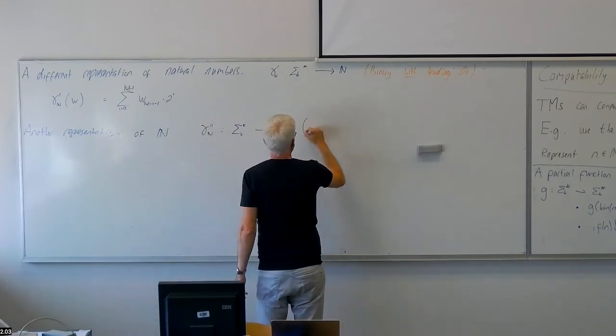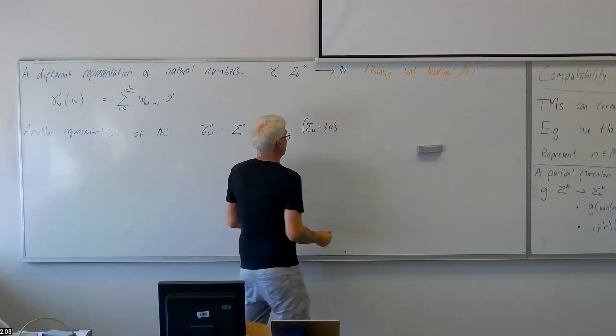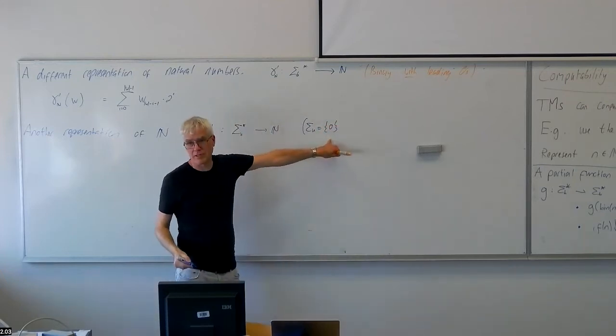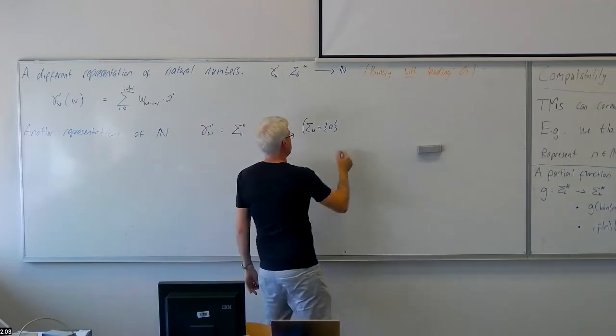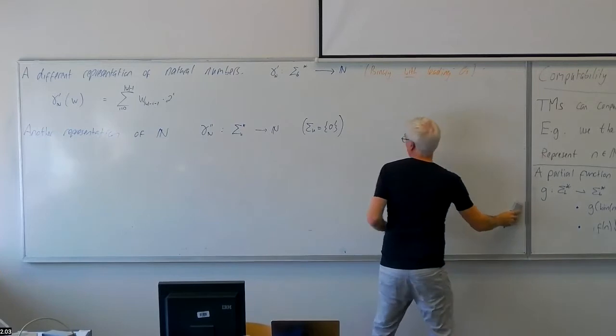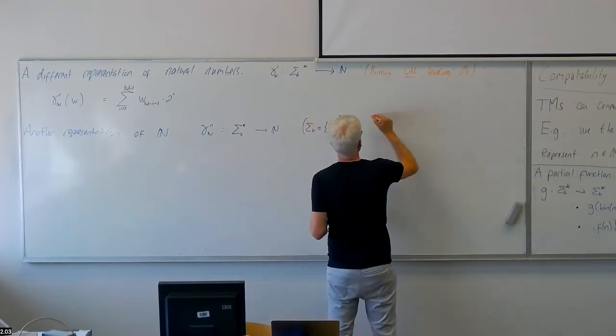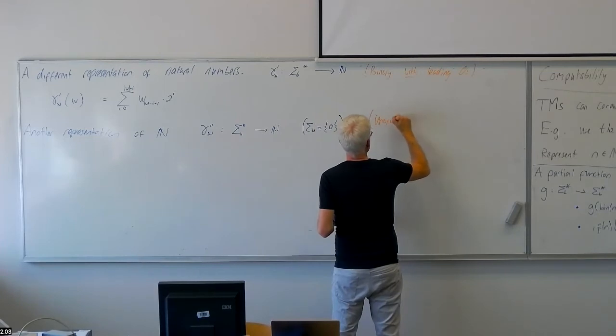So here, the unary alphabet is defined to be, well, an alphabet with just one character in it. Let's call it 0. It doesn't matter what we call it. You might find it more natural to call it 1, but anyway, I'm calling it 0. And this is unary representation.